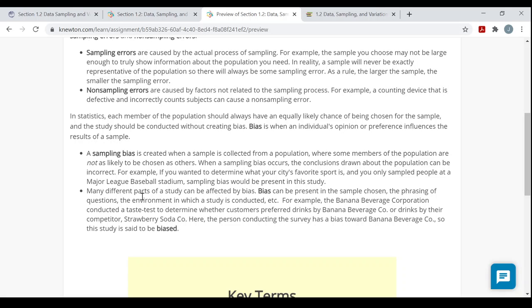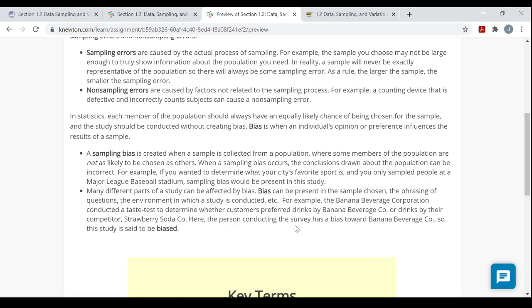Number 2 here, many different parts of a study can be affected by bias. Bias can be present in the sample chosen, the phrasing of questions, the environment in which a study is conducted, etc. There's lots of ways that we can induce bias. For example, the Banana Beverage Corporation conducted a taste test to determine whether customers prefer drinks by Banana Beverage Corporation, or drinks by their competitor, Strawberry Soda Corporation.